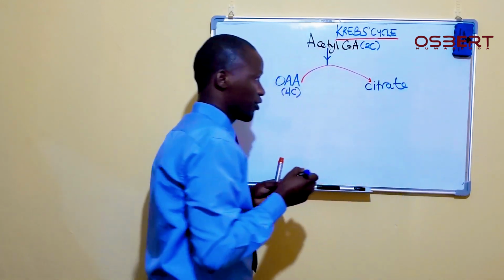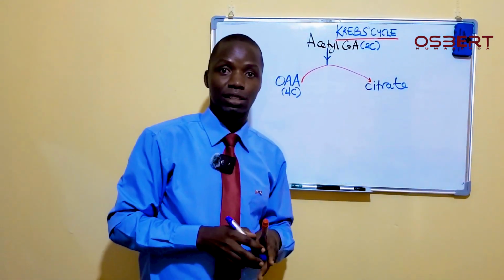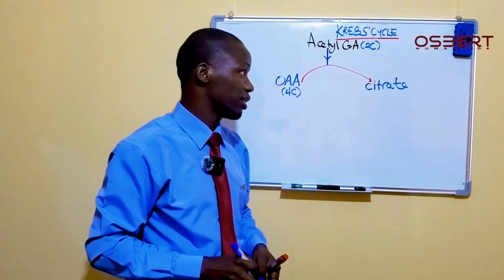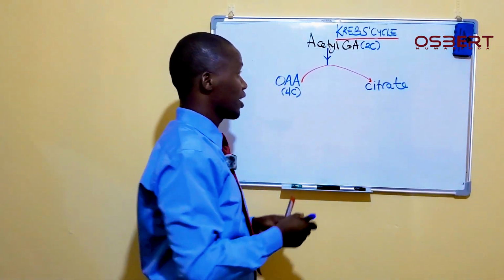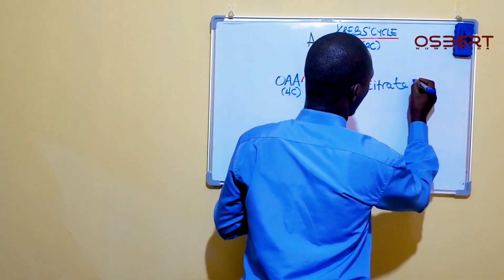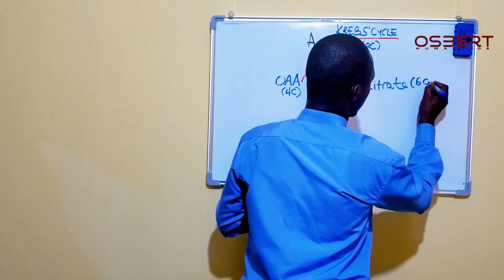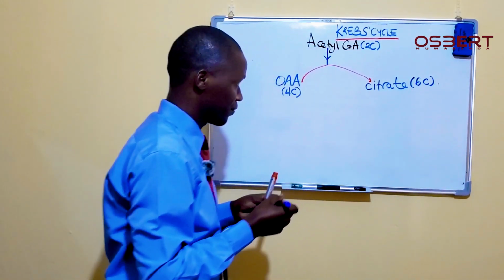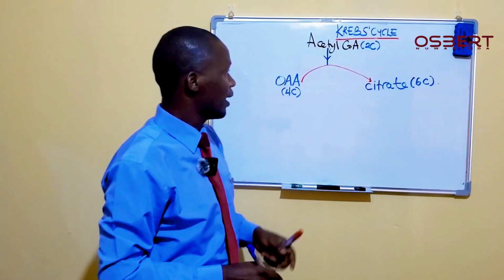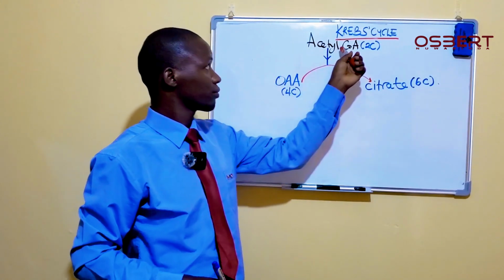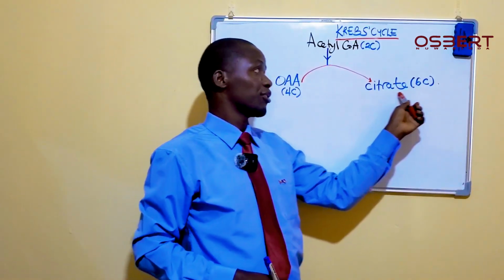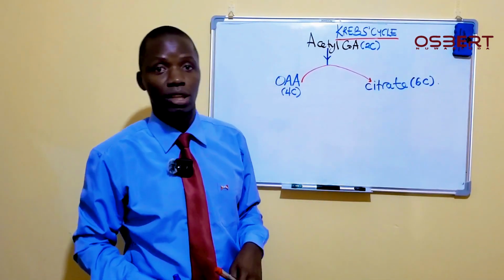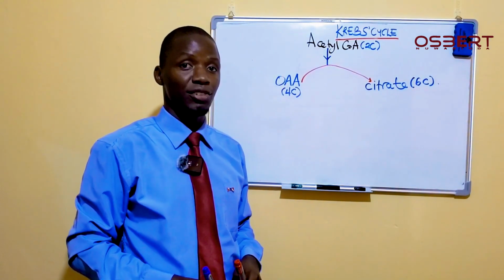But let us use this format here. It's going to be called the citrate. So oxaloacetic acid joins up with acetyl coenzyme A and forms citrate, or what sometimes we can also call citric acid.